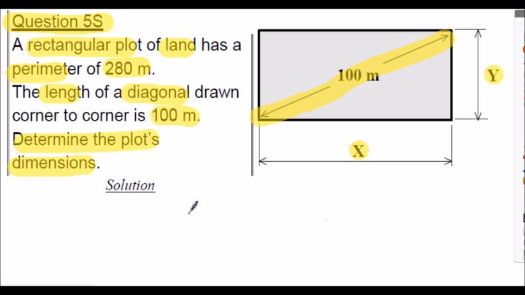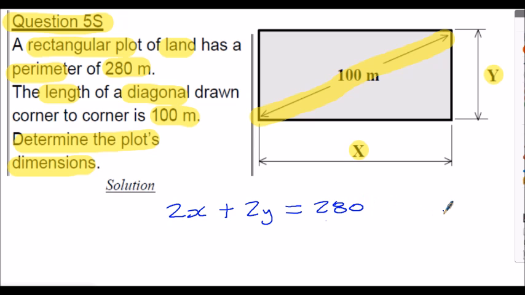So if you'd like some hints on how to generate the equations, let's consider the first sentence of the question. A rectangular plot of land has a perimeter of 280 meters. In other words, we're adding up all four sides and we get the value of 280. So using the notation given, 2x added to 2y would equal 280.